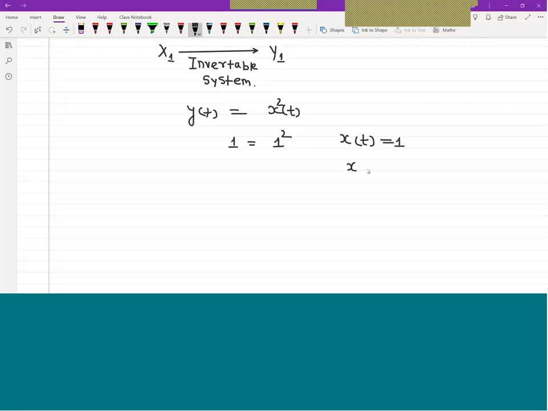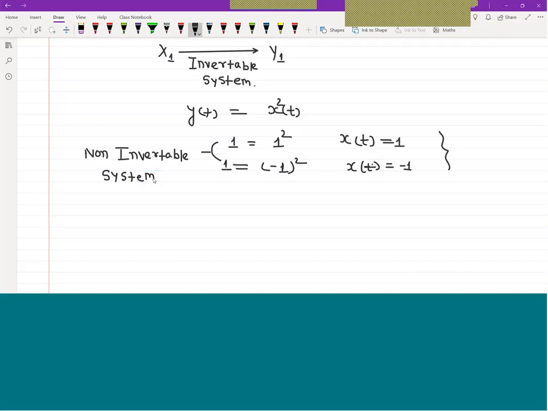When x(t) is equivalent to -1, it's -1 whole square, which is also equivalent to 1. So more than one input generates the same output. That's why the system is said to be non-invertible. This is an example of a non-invertible system.